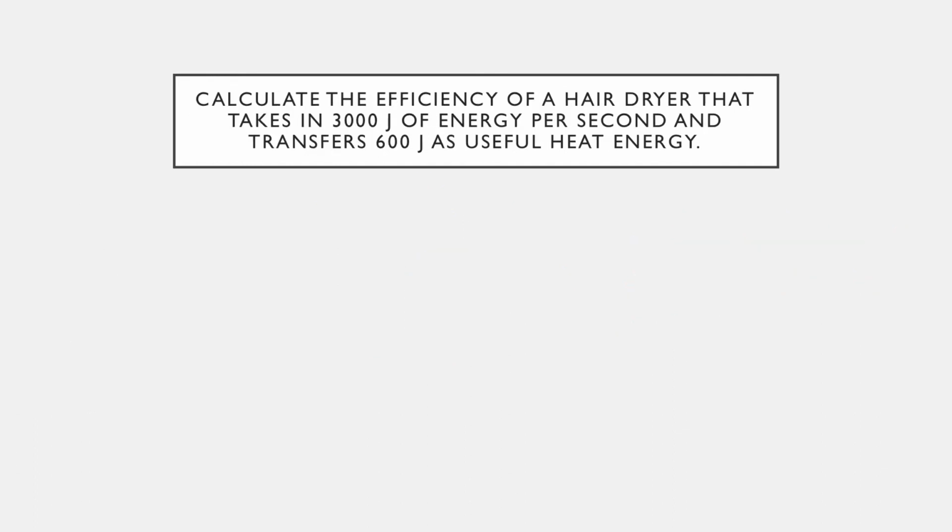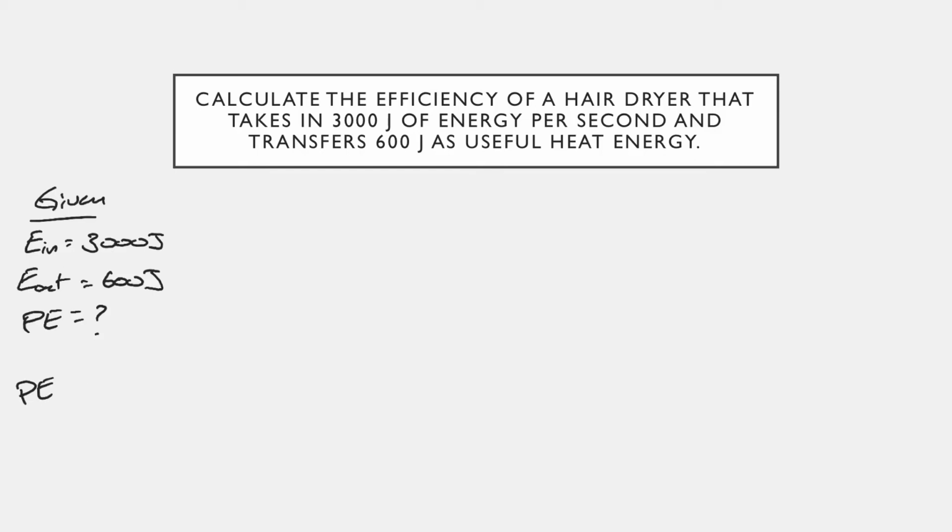In this next example, we have a hairdryer that consumes 3,000 joules of energy. So that's our E in. And it transfers 600 joules as useful heat energy. So that's our E out. Again, we're solving for percent efficiency, and we're going to use the same equation as before.